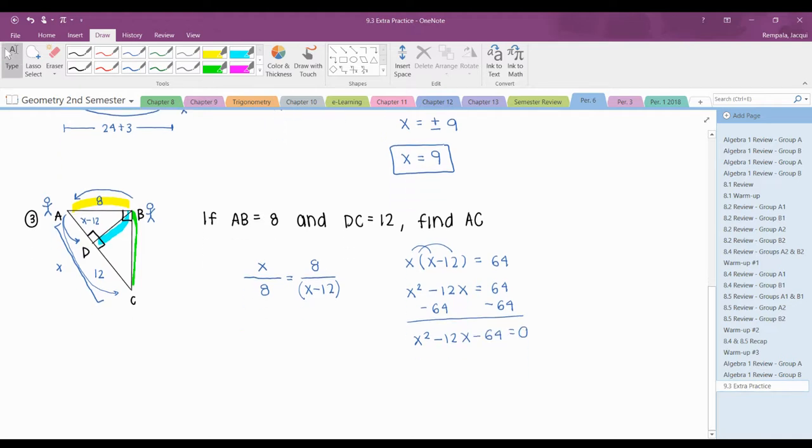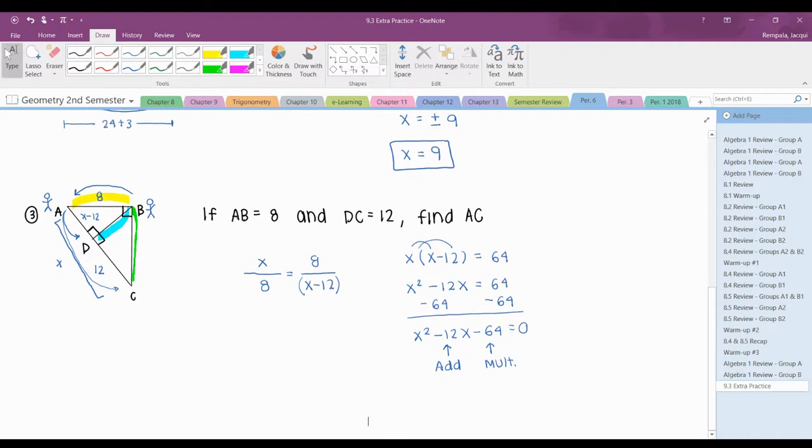With our factoring, because there is no number in front of the x squared, we want to do that basic factoring of what multiplies to the last number but adds to the number in the middle. Because it needs to multiply to a negative number, I know that one of my numbers has to be positive and one has to be negative.